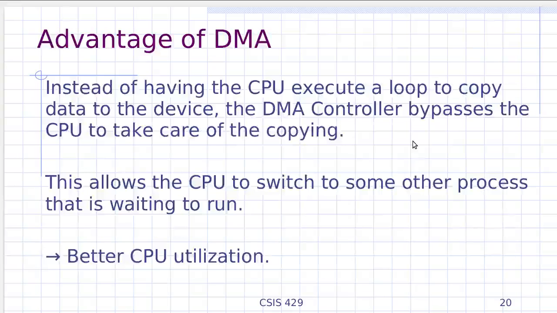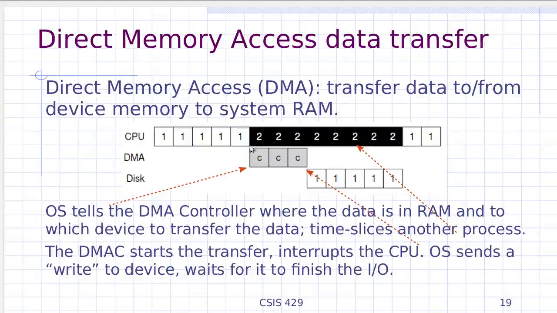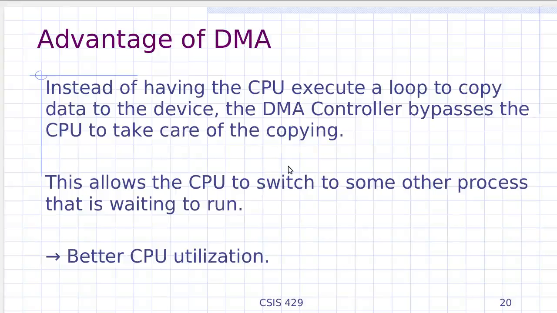Okay, so it's much better use of CPU time to be basically running the code in processes rather than doing tedious work like copying memory. So instead of having the CPU execute a loop to copy this data to a slow device, the DMA controller bypasses all of that, takes care of the copying, sort of takes the load off the CPU.